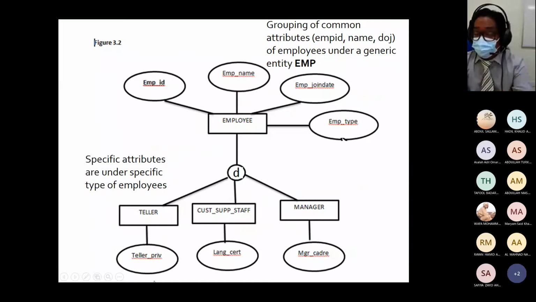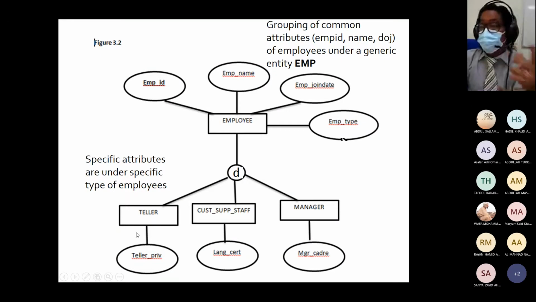We have attributes that are only intended for their nature of work. Teller_privilege is only for the teller. Language_cert, or certificate, is only applicable to the customer support staff. Manager credentials, or MGR credentials, is only for the manager because they have that position.